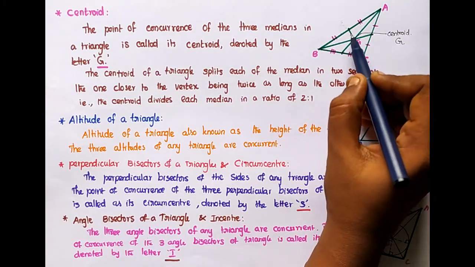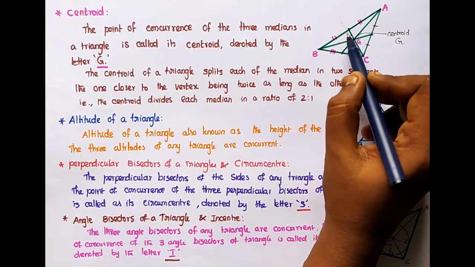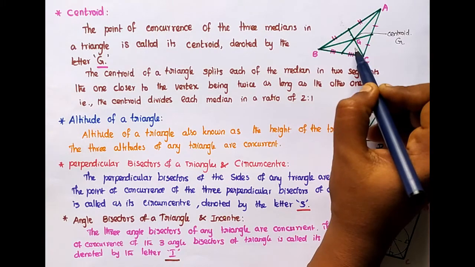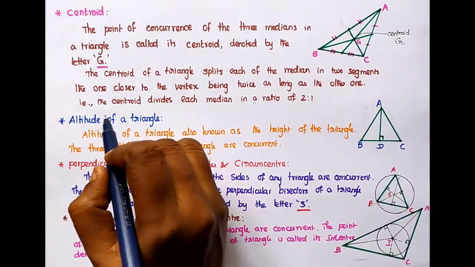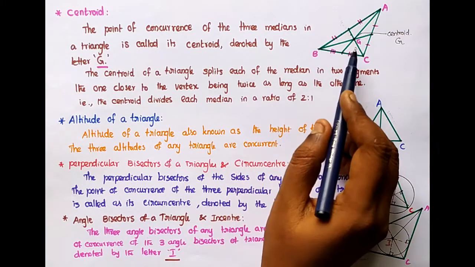So if one part is 1 centimeter, the other is 2. So the centroid divides each median in the ratio 2:1.